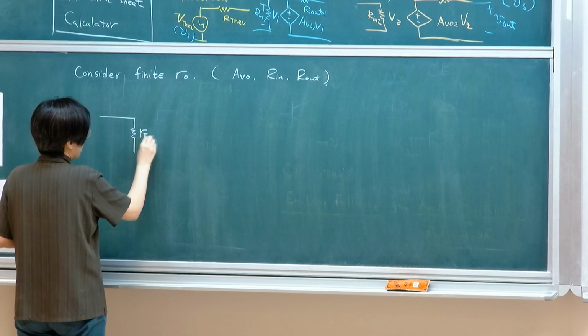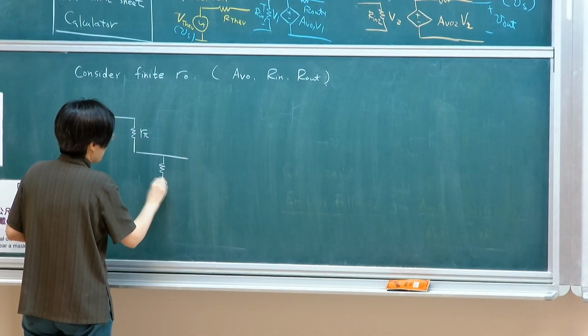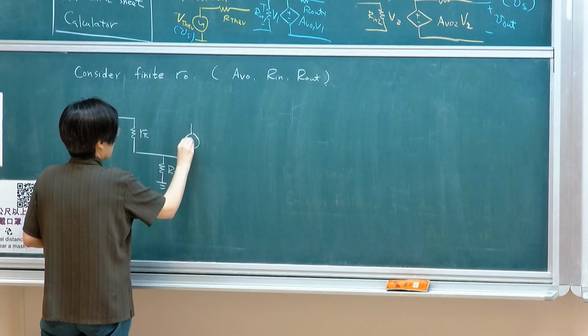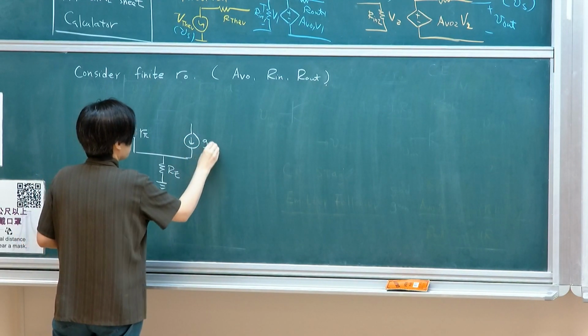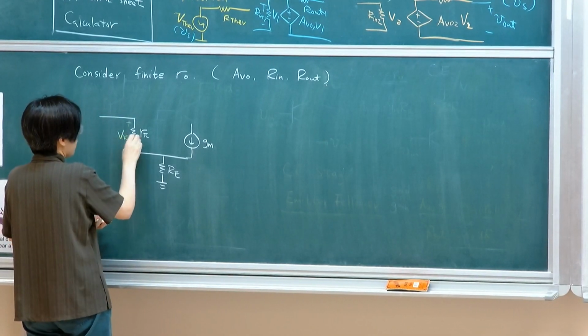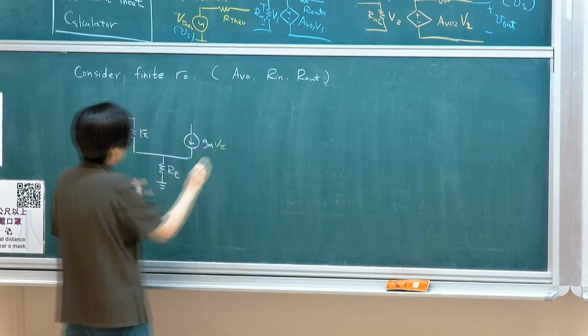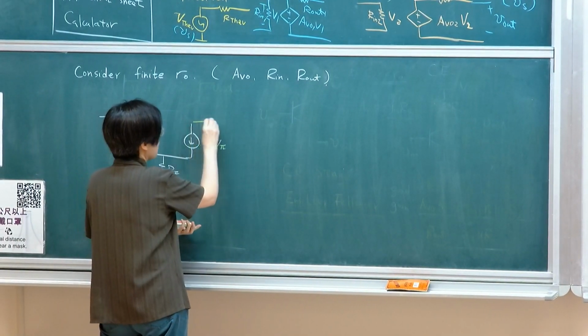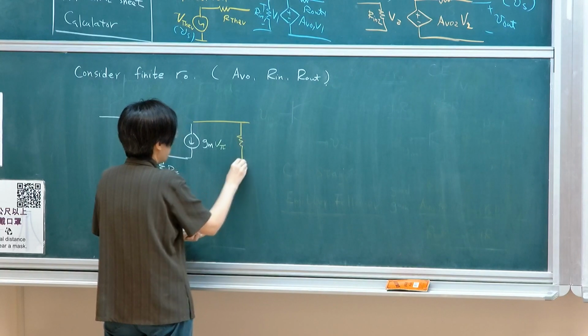R pi. Remember, I'm having a degenerated stage. I have GM, and once again, V pi is described as the voltage across R pi. And then the main difference is that I'm adding this RO back.